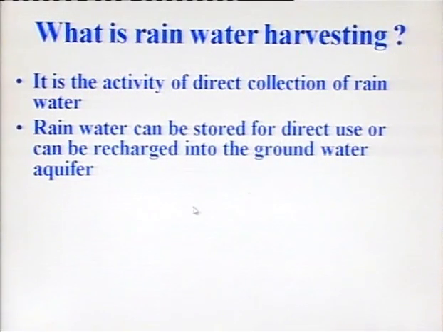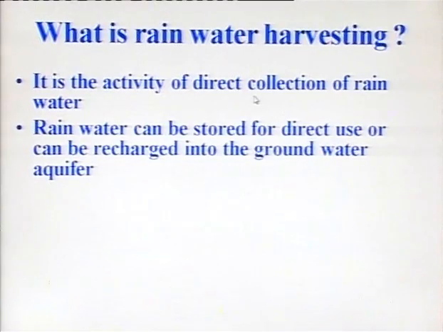So, what is rainwater harvesting? I define rainwater harvesting as the activity of direct collection of rainwater. That means the water is collected from the roof areas, from the surface of the ground, and from the roadsides.